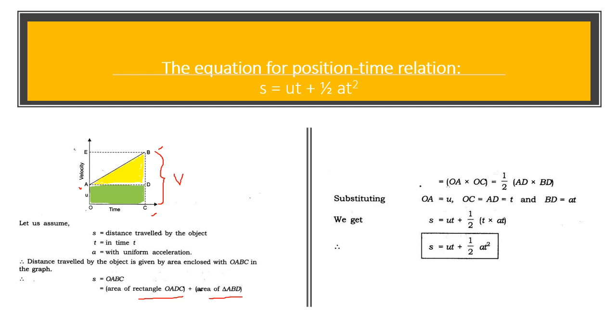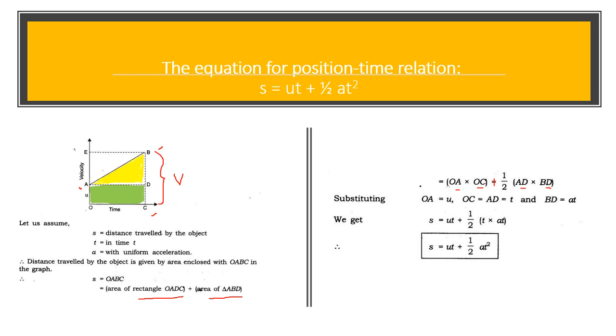Area of rectangle is length into breadth. So what is the length? OA. Breadth is OC. So product of length into breadth. And then plus area of triangle. Half into base AD, into height BD.